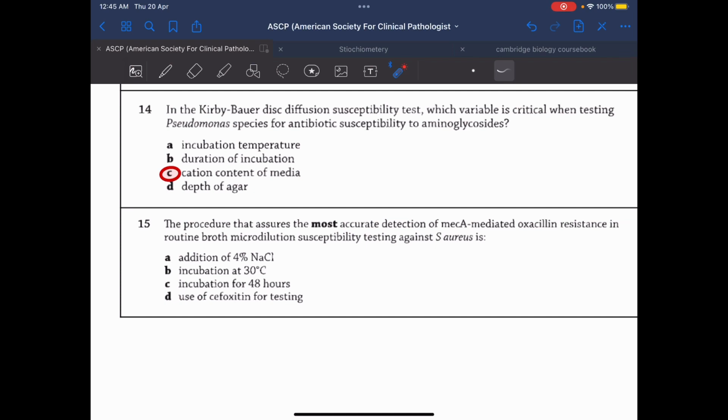The Clinical and Laboratory Standards Institute CLSI guidelines recommend addition of 2% sodium chloride, incubation at 35 plus or minus 2 degrees centigrade, and incubation for 24 hours when performing susceptibility testing of Staph aureus against oxacillin. So the correct answer is D, use of cefoxitin for testing.